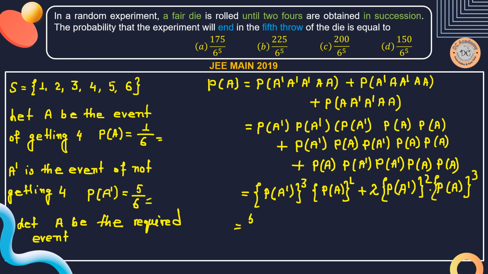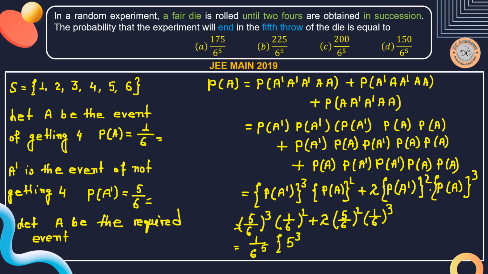So therefore, it will be 5 by 6 whole cube into 1 by 6 whole square plus 2 times 5 by 6 whole square into 1 by 6 whole cube. If I take 6 to the power 5 common, we write it as 5 cube plus 2 into 5 square, which gives you 175 divided by 6 to the power 5. And that's why for this particular problem, option A is the correct option.